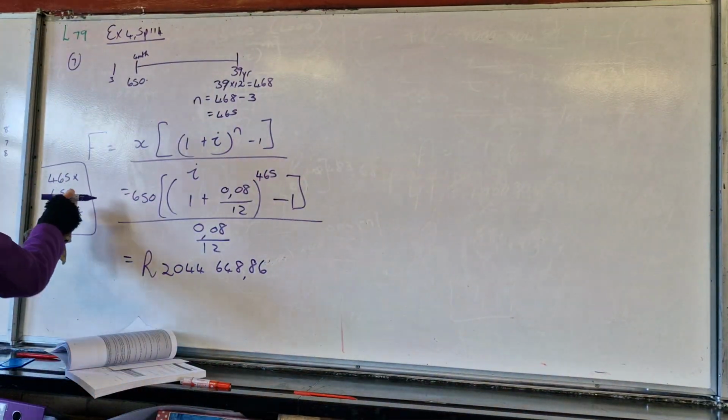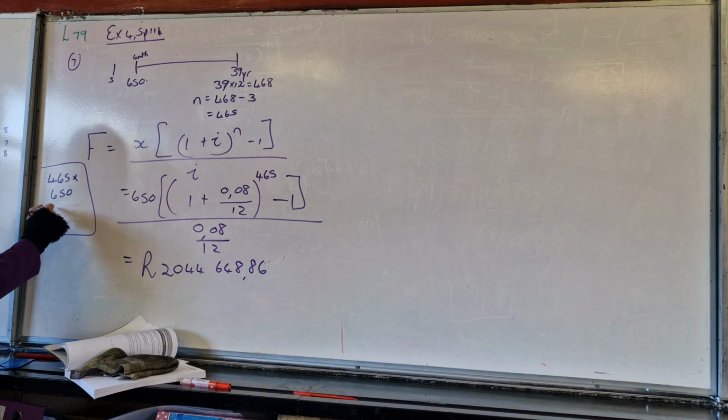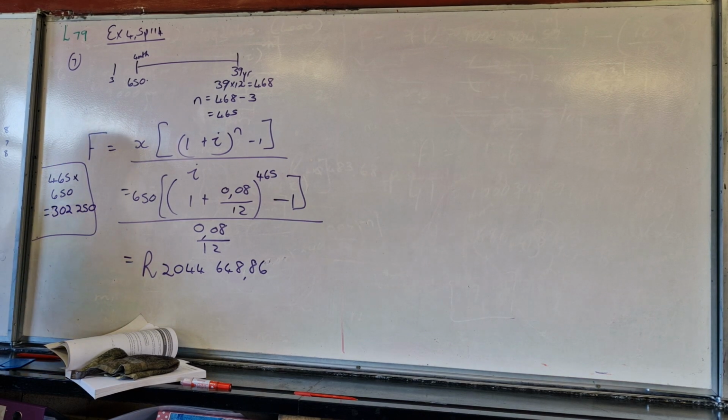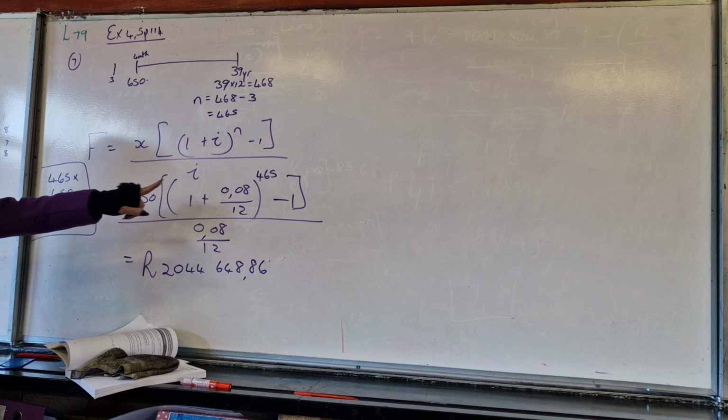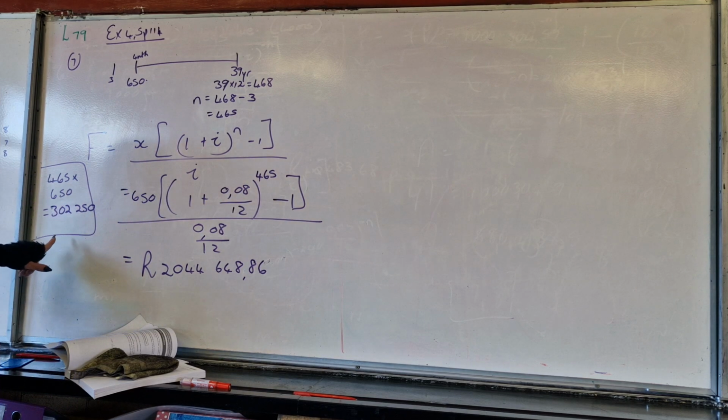Just double check for me, please. So it's 465 times that you are paying 650. Happy on that? You get your mistake?